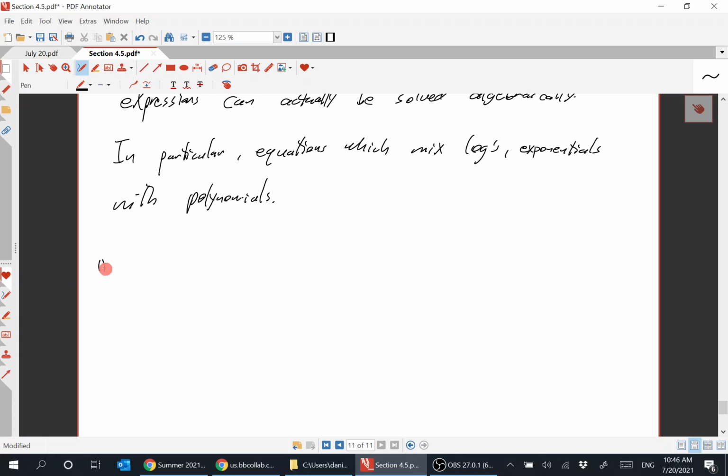So, for example, number 69, natural log of x is equal to 3 minus x.